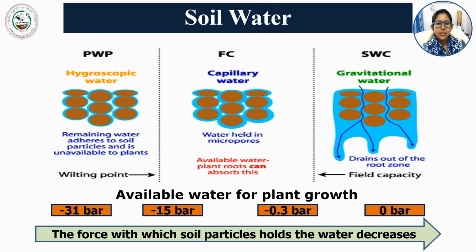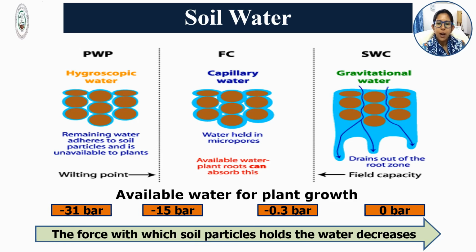At field capacity, the water is held with the forces of capillary, and between field capacity and permanent wilting point, the water is held with the force of capillary and becomes slowly available to the plant. Beyond the wilting point, though there may be some quantity of water, it is held so tightly that it becomes unavailable to the plant.